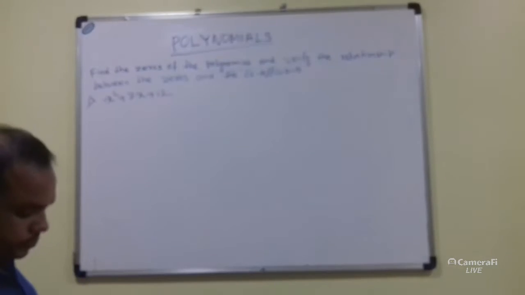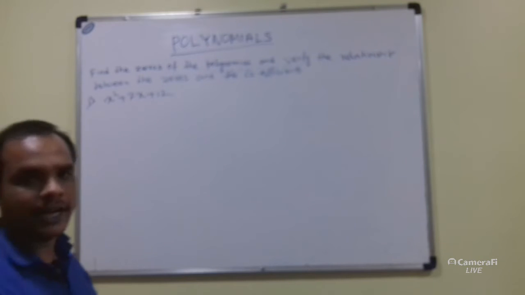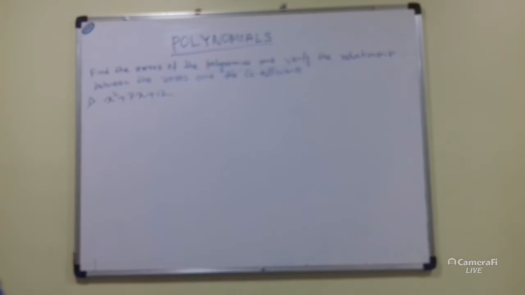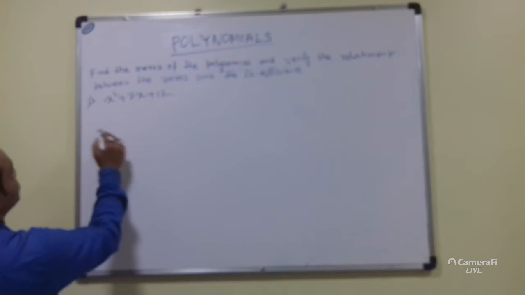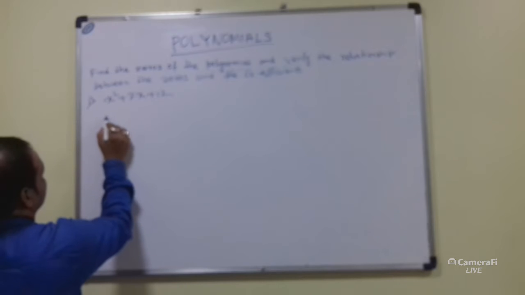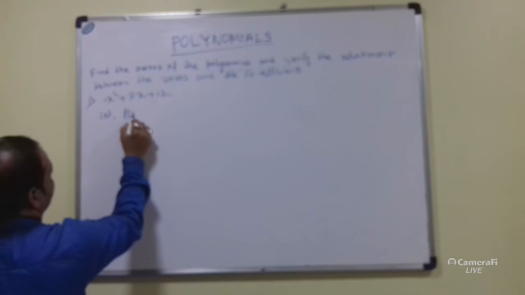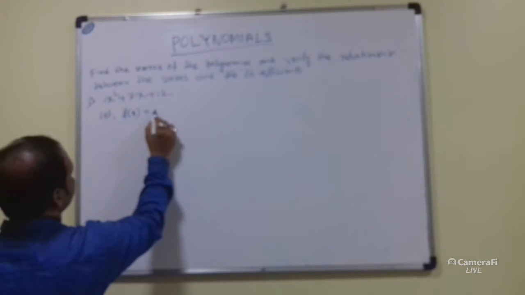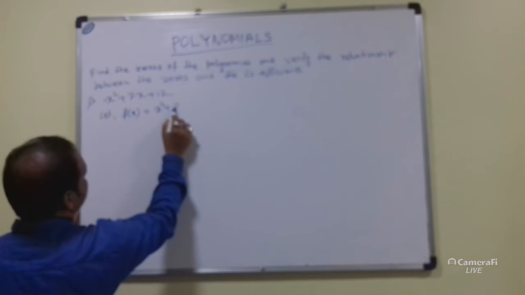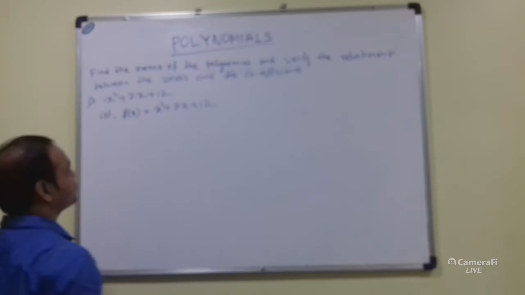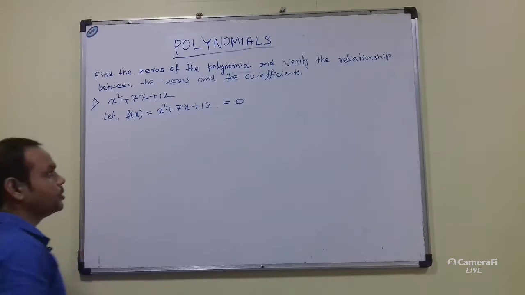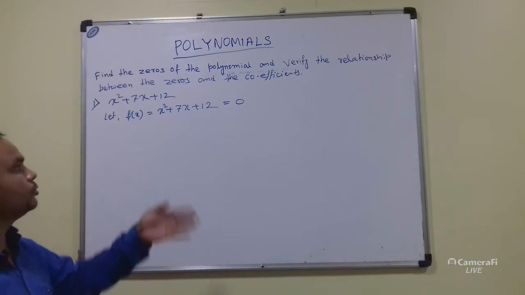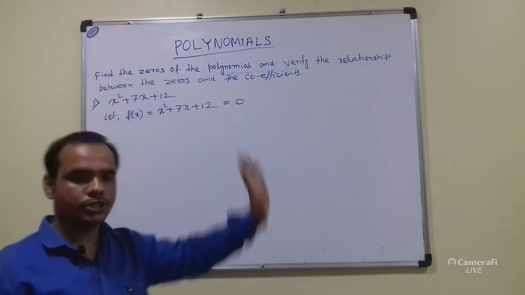So students, first we have to find the zeros. The problem is x square plus 7x plus 12. Let f of x equal x square plus 7x plus 12 equal to 0, because to find the zeros we have to take the polynomial equal to 0.